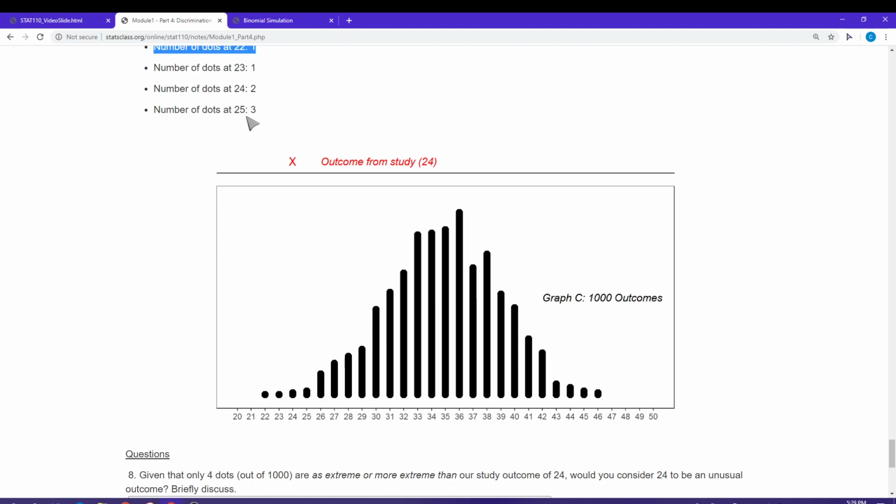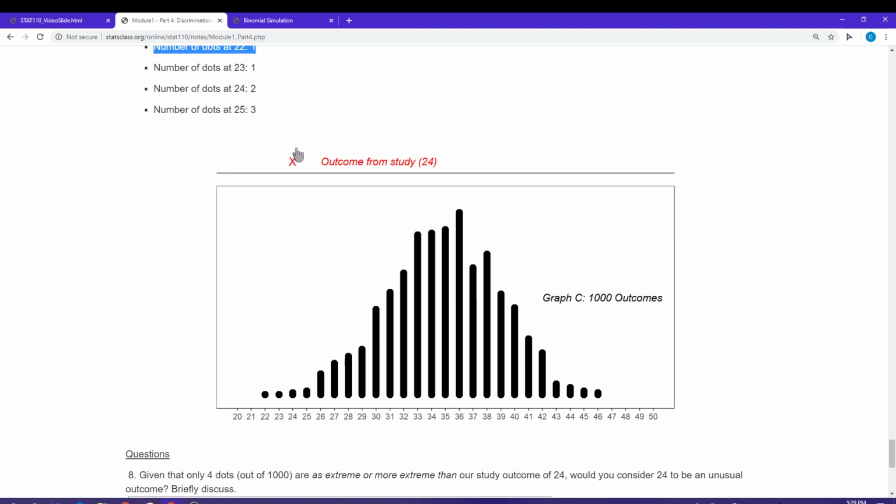So getting a 25 is not going to occur very often. Only 3 times out of 1,000 am I going to get a value of 25. Only twice out of 1,000 am I going to get a value of 24. Likewise, only 1 time out of 1,000 am I getting a value of 22 or 23.